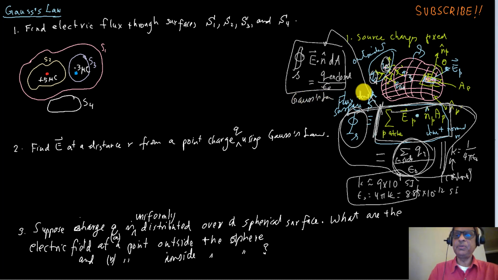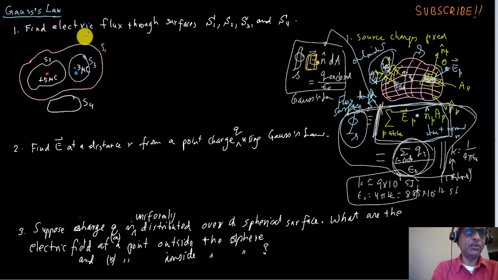Now we'll see how Gauss's law can be used in certain very symmetric situations to find the magnitude of the electric field. This can be used to find the formula for the magnitude, because it's a dot product. If it's a dot product, then I can't get the direction from it, but this formula can be used to find the magnitude of the electric field, and we'll learn that.